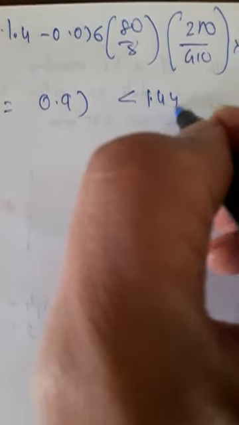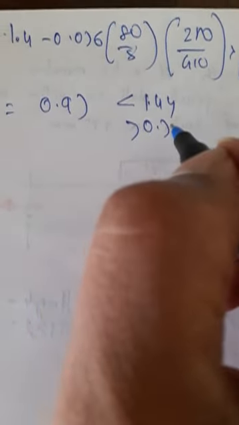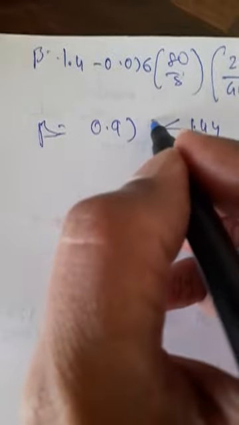This should be greater than or equal to Fu into gamma mW. Fu is 410, gamma mW is 1.1 divided by 250 into 1.25, and this should be less than or equal to 0.7. Now solve this. You have the answer 0.97. This should be less than 1.44, greater than 0.7. Hence beta is equal to 0.97 is the correct answer.